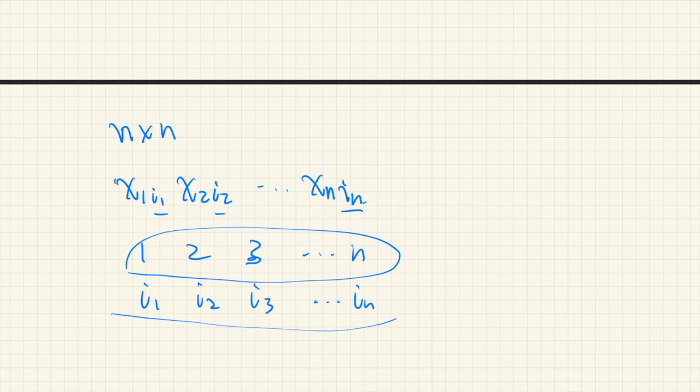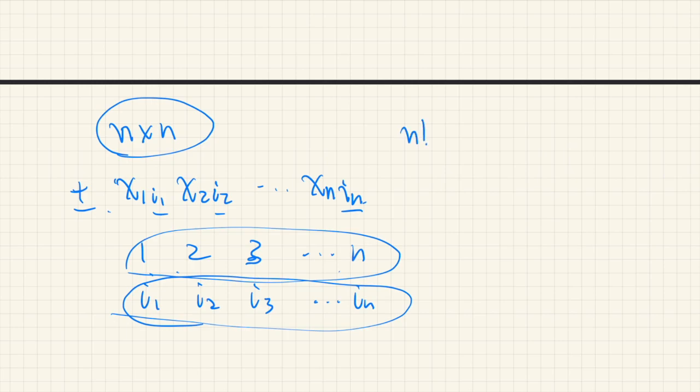If this permutation can be achieved by swapping pairs of numbers an odd number of times, then the sign becomes negative. If it can be achieved by an even number of times, the sign becomes positive. And we consider all possible permutations. So in the case of an n by n matrix, there will be n factorial terms in the determinant.